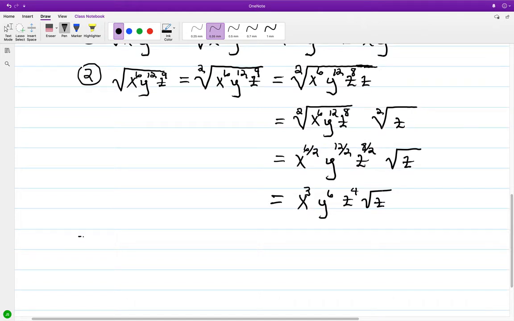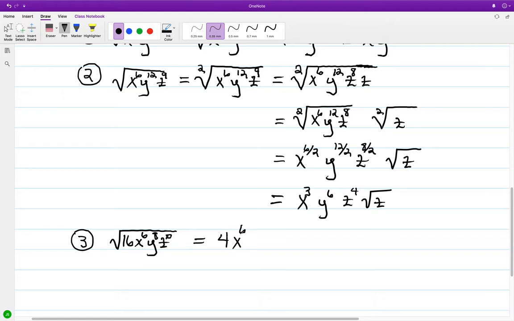Now, if we have, let's say, the square root of 16 x to the 6th, y to the 8th, and z to the 10th. Now 16 is a perfect square number, and in fact, x to the 6th, y to the 8th, z to the 10th are perfect squares. So the square root of 16 is going to be 4.